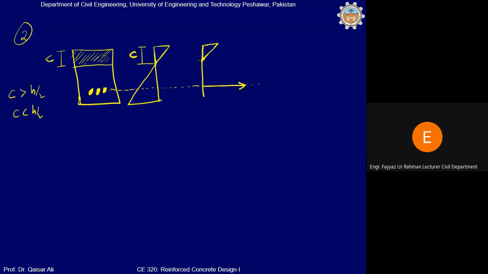Now, for example, if we assume that the stress in the extreme compression fiber is equal to 0.45 Fc prime, because we already discussed that the concrete in the compression zone and steel in the tension zone both will be in the elastic stage.